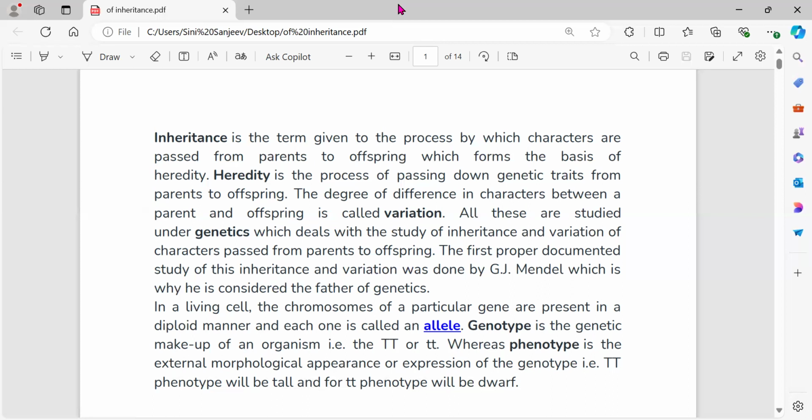As I told you, whatever the genes or factors are, they are passed from generation to generation, from parents to offsprings. So what passes actually? The thing which passes from parents to offspring is the chromosomes. The chromosomes have genes present inside them.